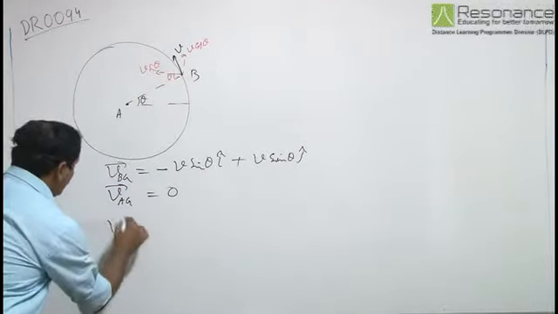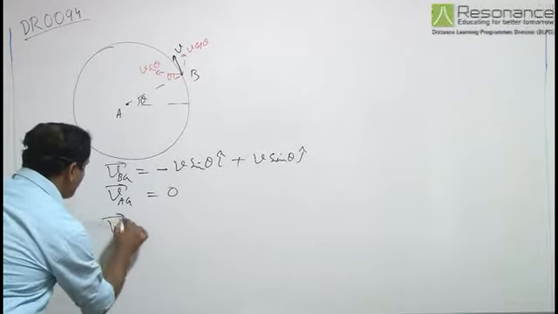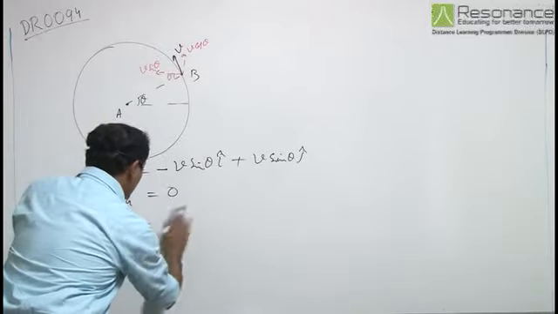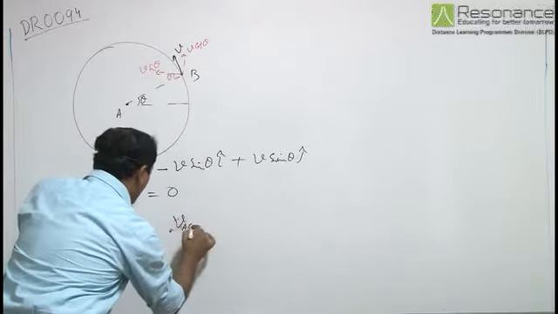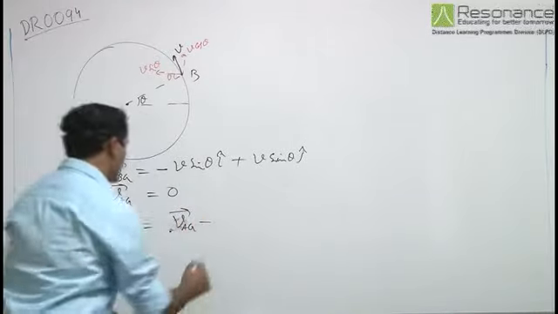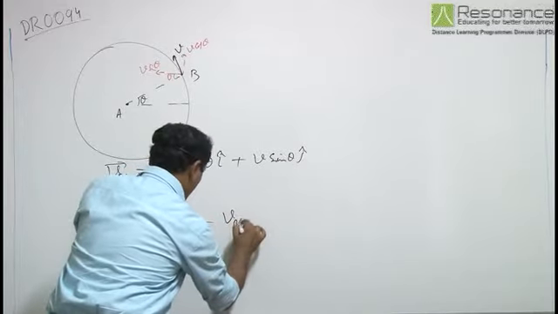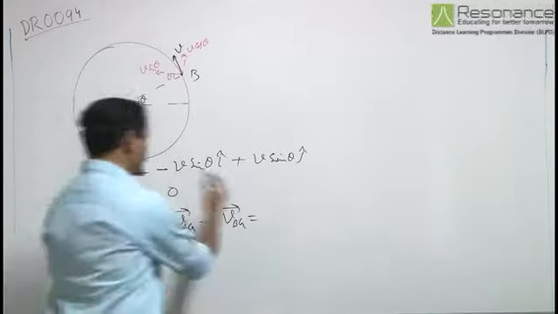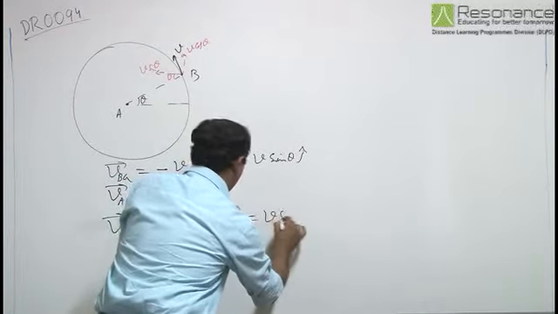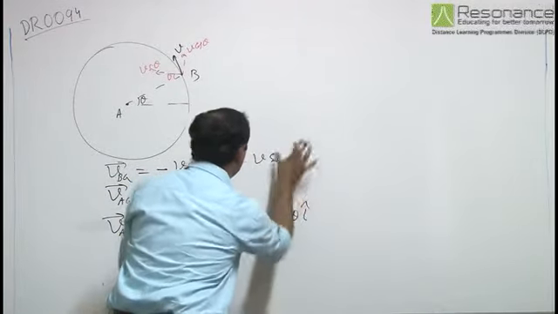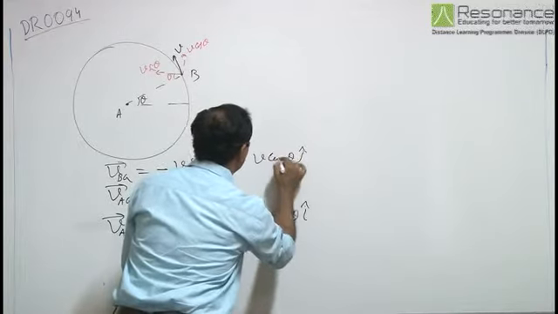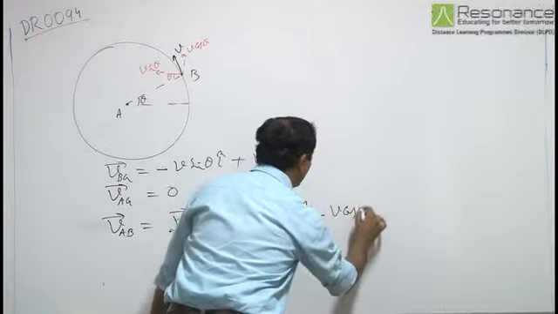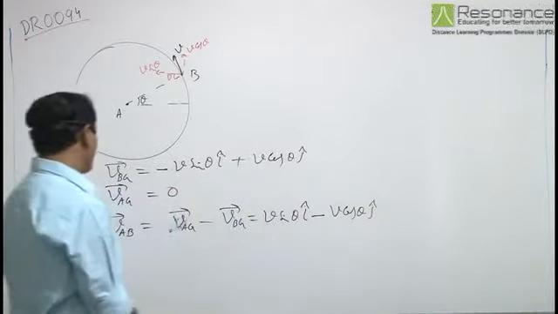So the velocity of A with respect to B is equal to the velocity of A with respect to ground minus the velocity of B with respect to ground, which can be written as V sin theta i cap minus V cos theta j cap.